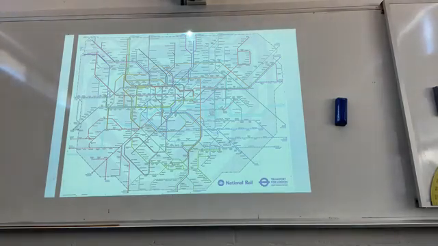I've been there a few times and I still get a little bit lost with the underground system in London. I don't use it day to day, but it's something like this that can be represented by a network. All right, this is actually a network of the London Underground. See how complicated it can be.